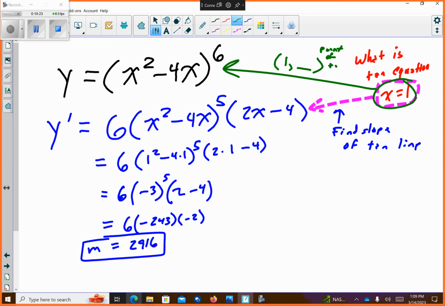If I plug 1 into this, I'm going to get 1 squared minus 4 times 1, raised to the 6th power. So that's going to give me 1 minus 4 raised to the 6th. So I need negative 3 to the 6th power.